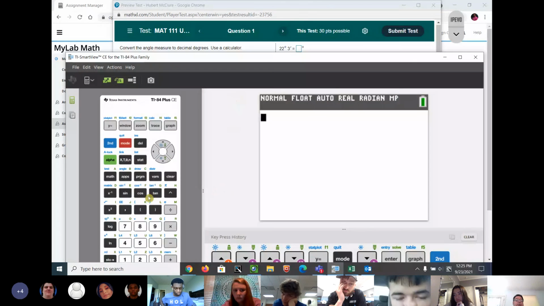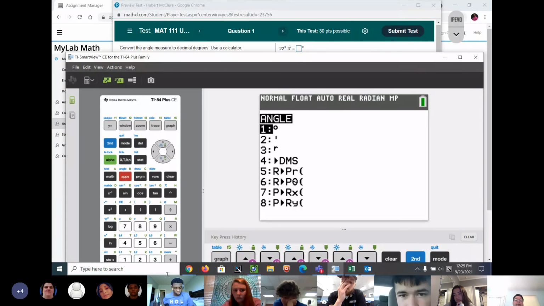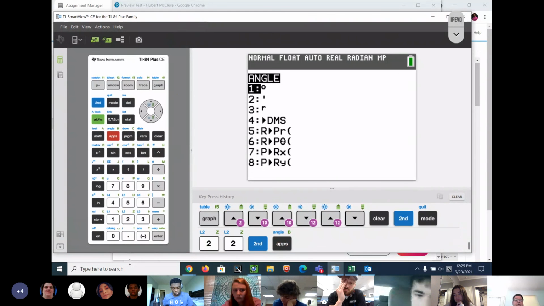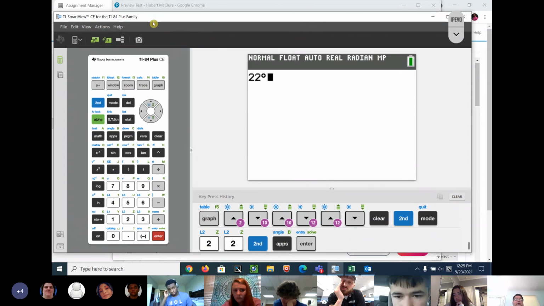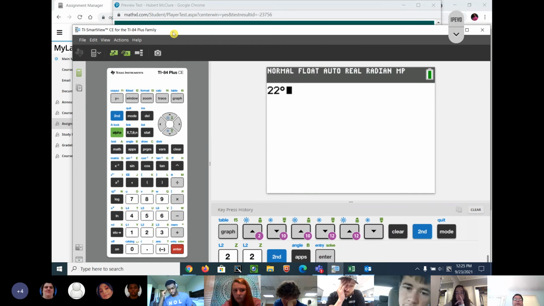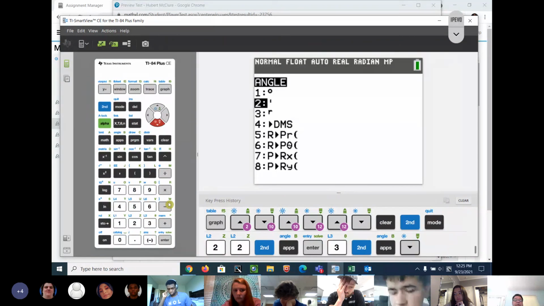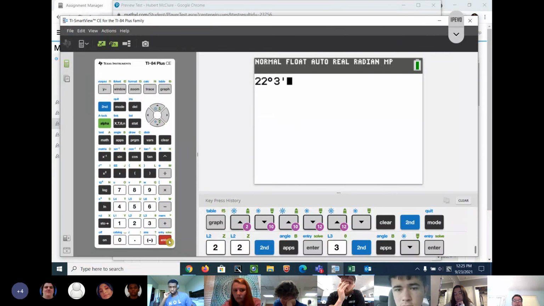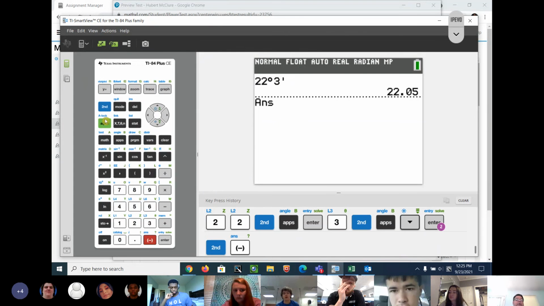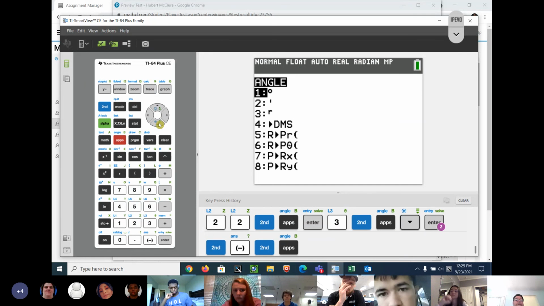So 22 second angle degrees. And 3 minutes. So 3 second angle minutes. And then just hit enter. And now you can go to second angle, degrees, minutes, seconds.